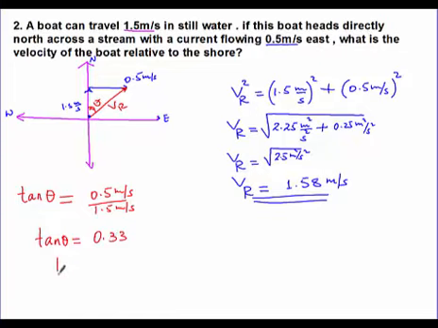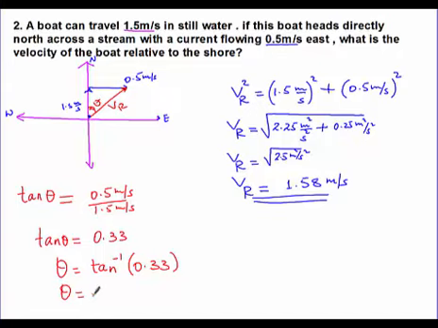To find theta, theta is given by the arctan of 0.33. This means finding the value of theta so that its tangent value is 0.33.